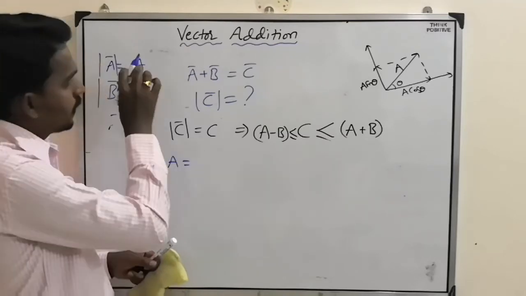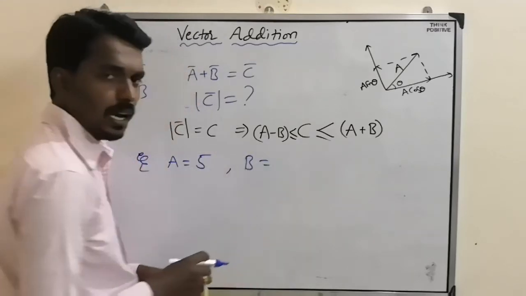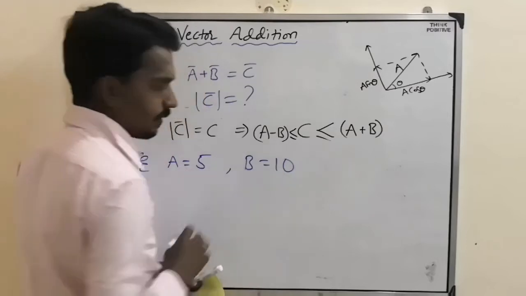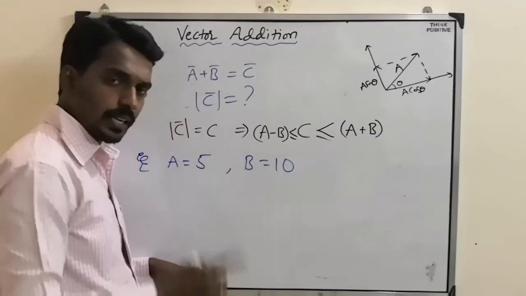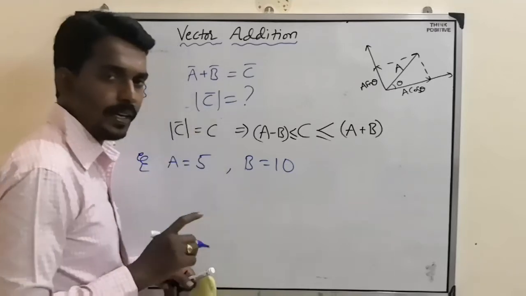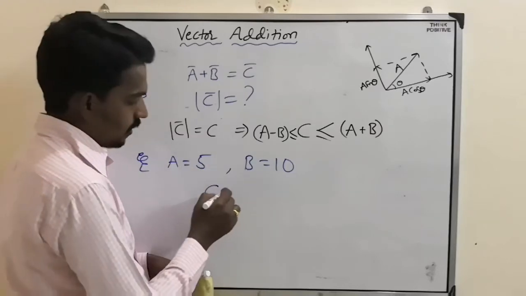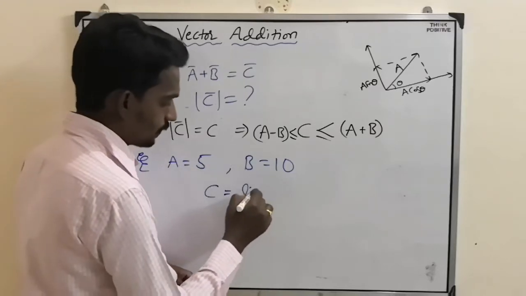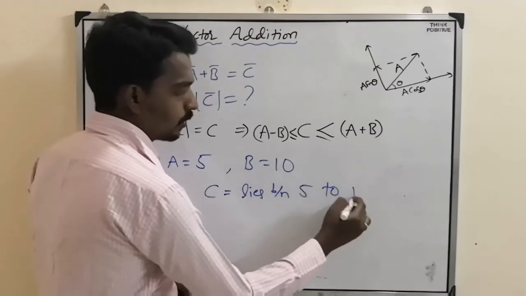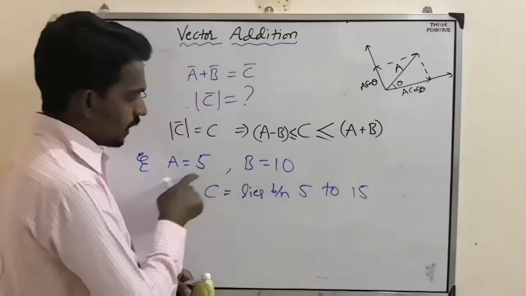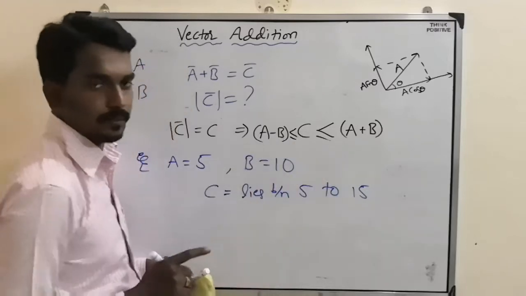A is one vector whose magnitude is 5, B is another vector whose magnitude is 10. Then these two vectors act on a particle, or act at a point, then the resultant C lies between 5 to 15, because A minus B or B minus A is 10 minus 5, which is 5, and 10 plus 5 is 15.